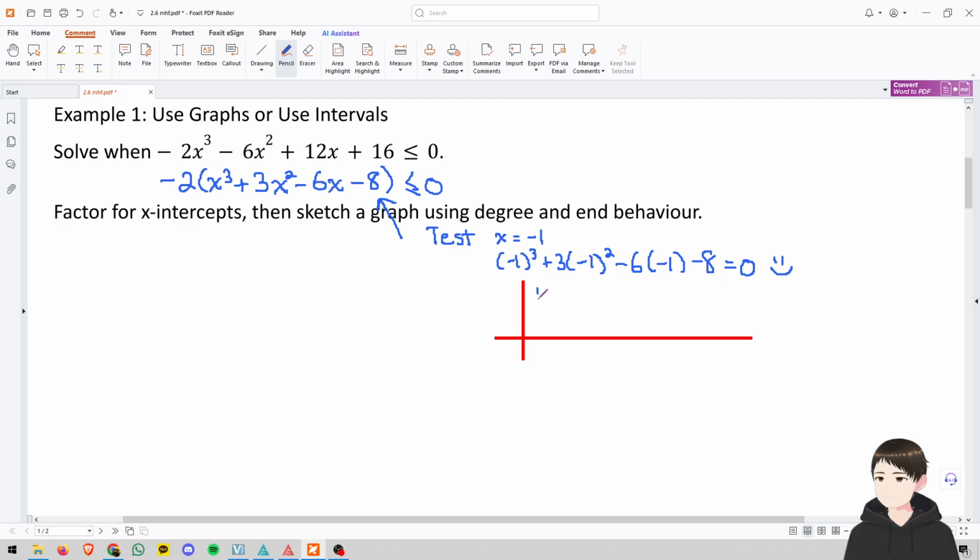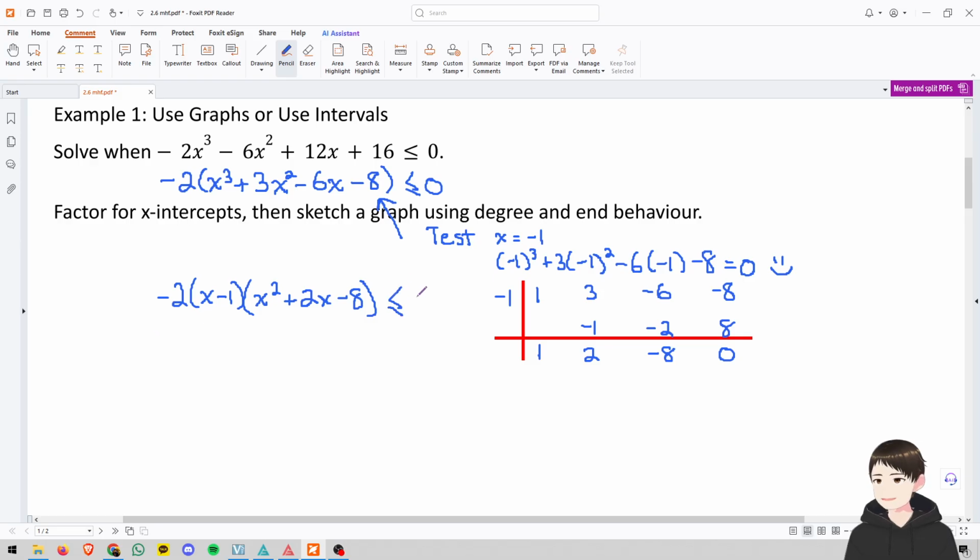We've got 1, 3, -6, -8, and -1: 1, -1, 2, -2, -8, 8, 0. Great. That means the bracket will have x minus 2 followed by x squared plus 2x minus 8 and no remainder.